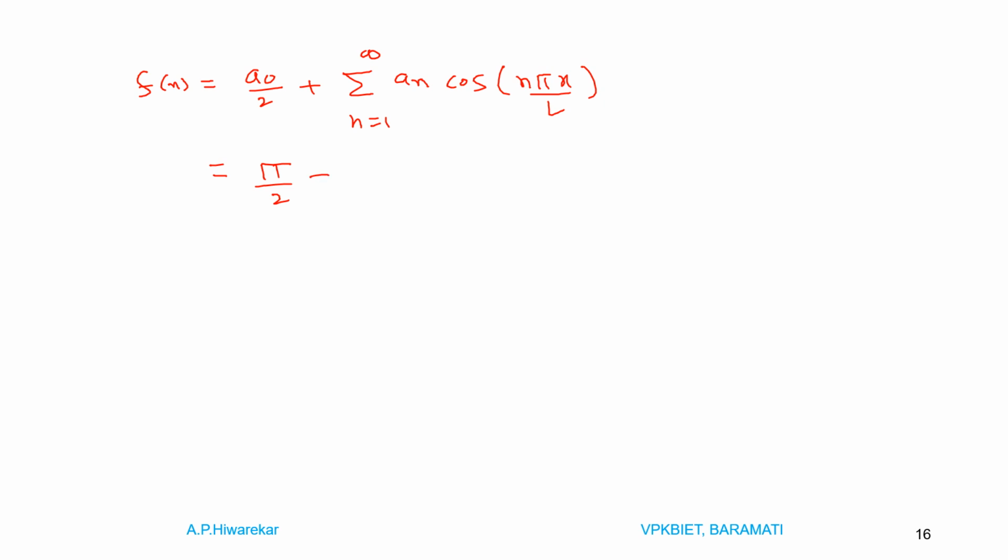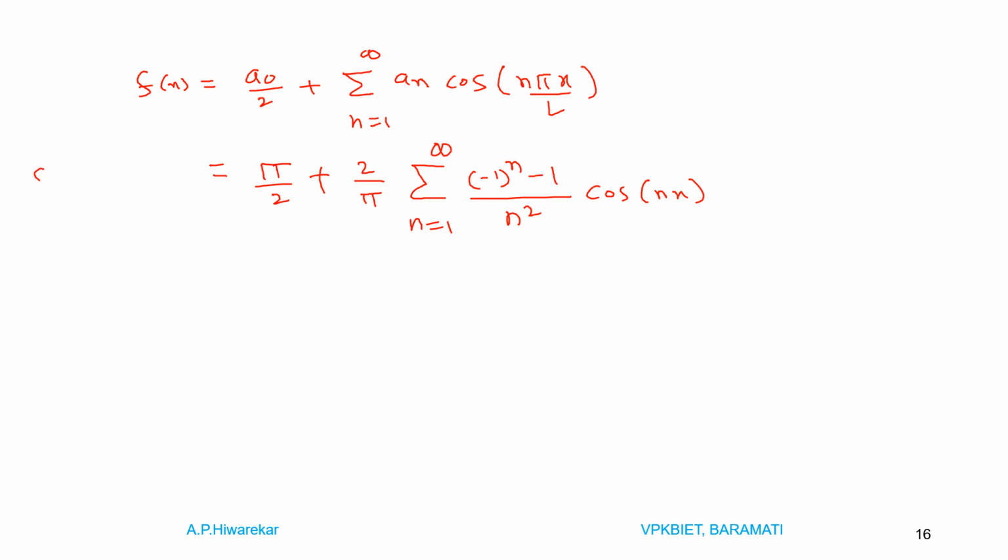Then we substitute the value of an, from that we can take 2 by pi outside the sigma notation, then inside it is minus 1 power n minus 1 divided by n square, and cosine of angle nx, where n is from 1 to infinity.